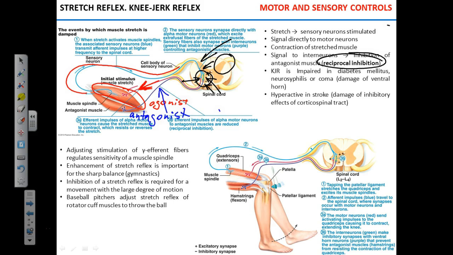And James, what does this motor neuron do? Antagonist muscle. And Kristen, what happens to antagonist muscle? It relaxes.